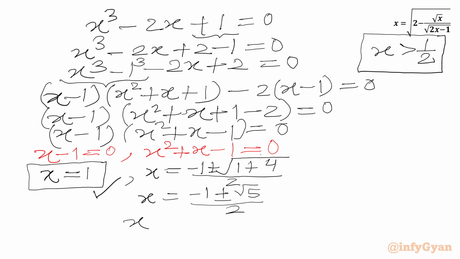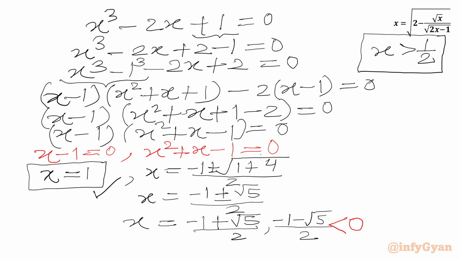One value is positive, another value is negative. Let me write minus 1 plus square root 5 over 2, and the second value would be minus 1 minus square root 5 over 2. Square root 5 is 2.23. Minus 1 minus root 5 over 2 would be negative. The condition on x is that x must be positive, greater than half.